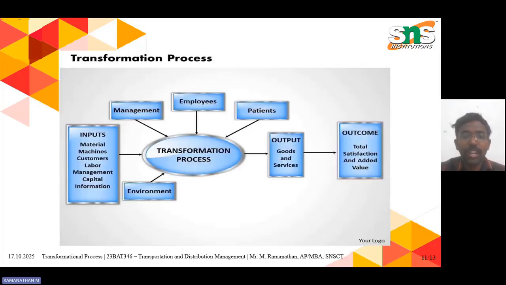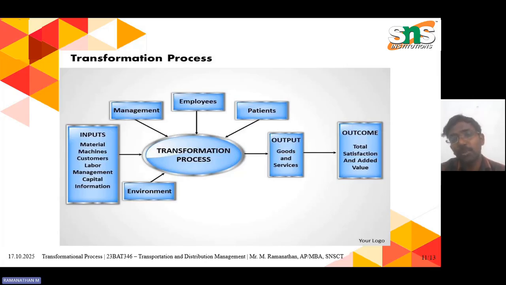This is the advanced transformational process, where the inputs are material, raw material, machinery, customers, labor, management, capital and information. There will be a lot of inputs, and the transformational process also involves environment management and employees. The transformational process has to be effective and efficient so that we can come out with the desired output, like goods and services.